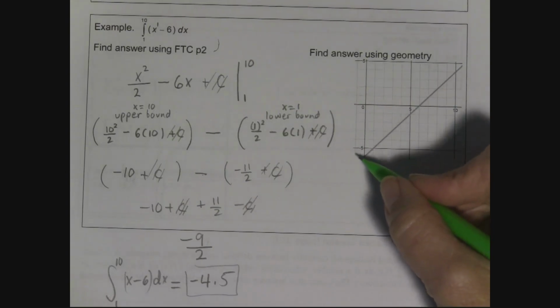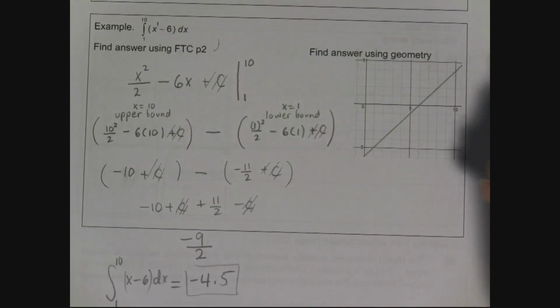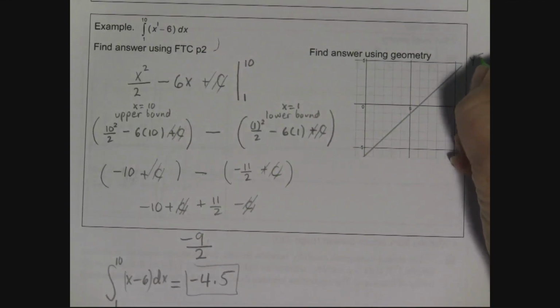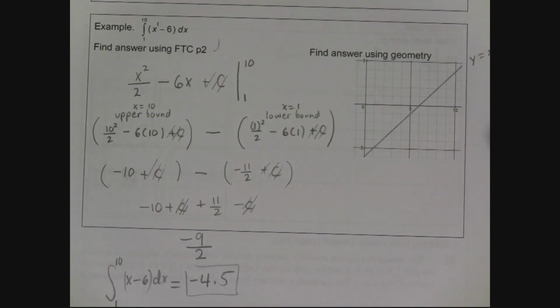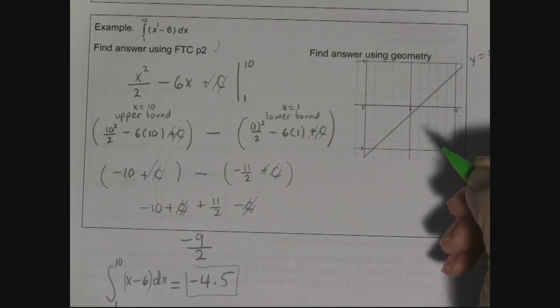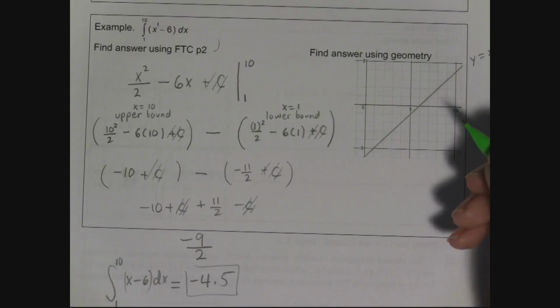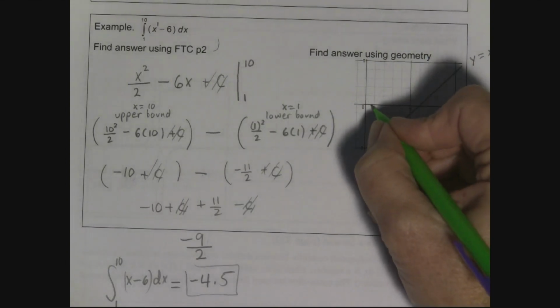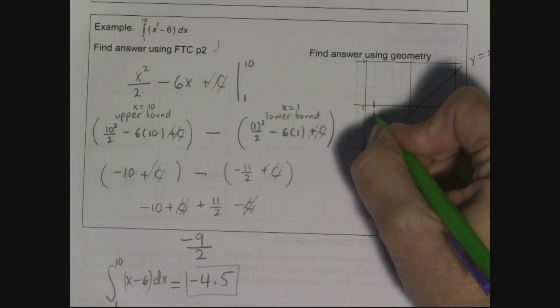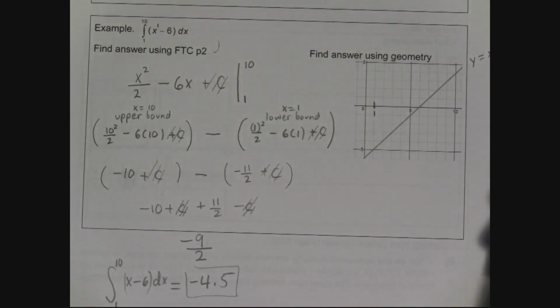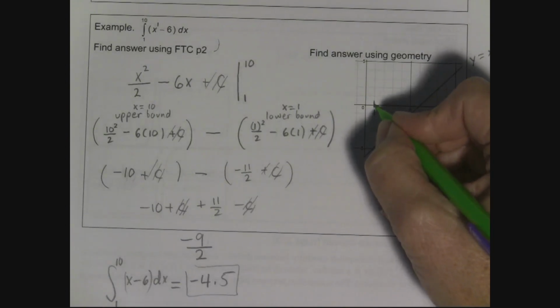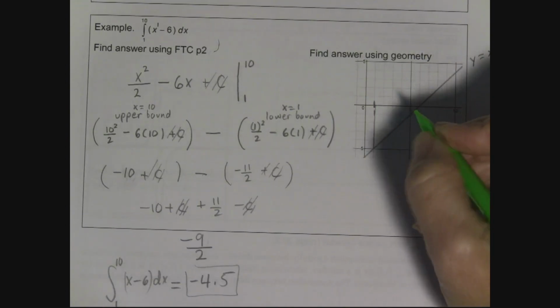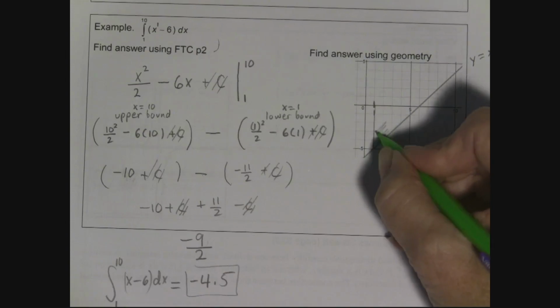So right here I've given you a graph of y equals x minus 6. And if I want to find the integral from 1 to 10, I wish I would have done 0 to 10, that would have been better, but 1 to 10. This problem probably came out of your book, and that's probably why.